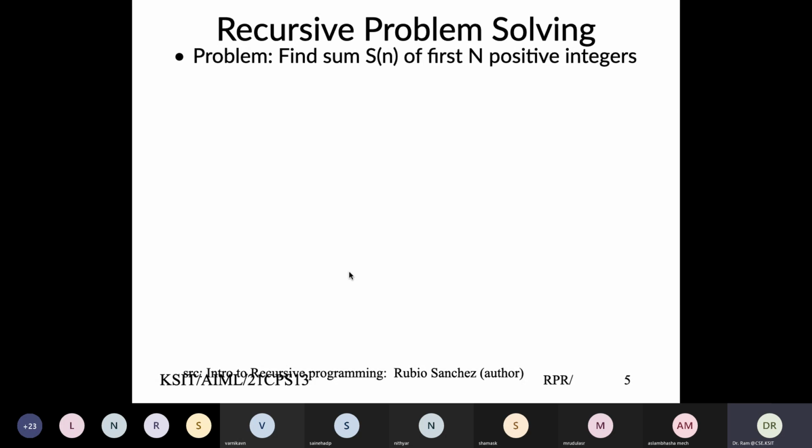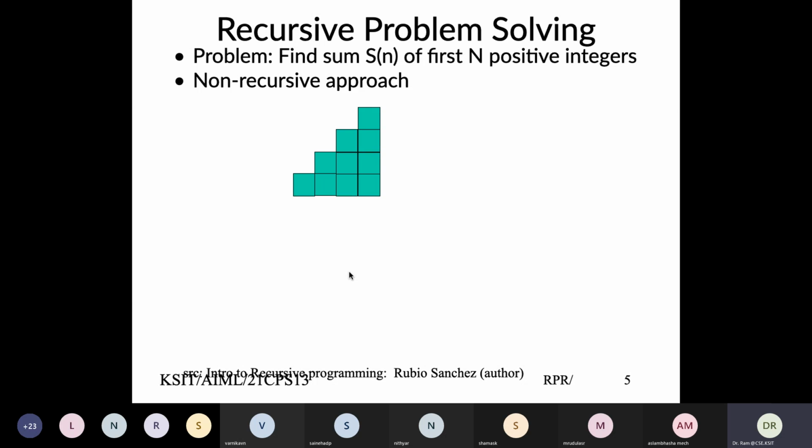Let's say our problem is: given the numbers 1 to n, find the sum of the first n positive numbers, that is 1 plus 2 plus 3 plus 4 plus 5 up to n. Graphically, you can say this is 1, then 2 squares, 3 squares, 4 squares, 5 squares, 6 squares, 7 squares, and so on.